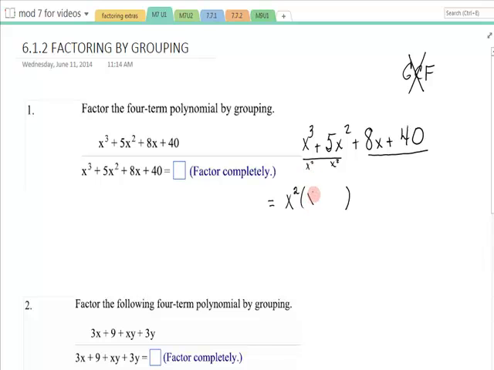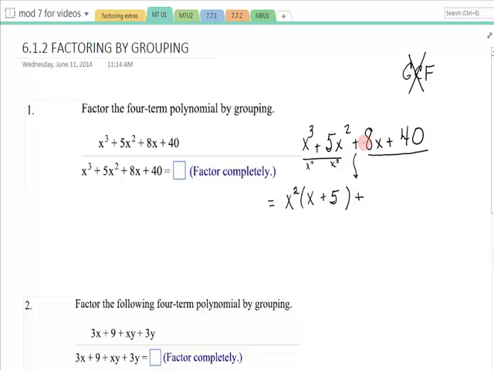Using the quotient rule, I get x. The x squareds divide out, and I have plus 5. I factored just this much of the problem using my GCF of this little piece. Whatever the sign is, that's the sign that you bring down.